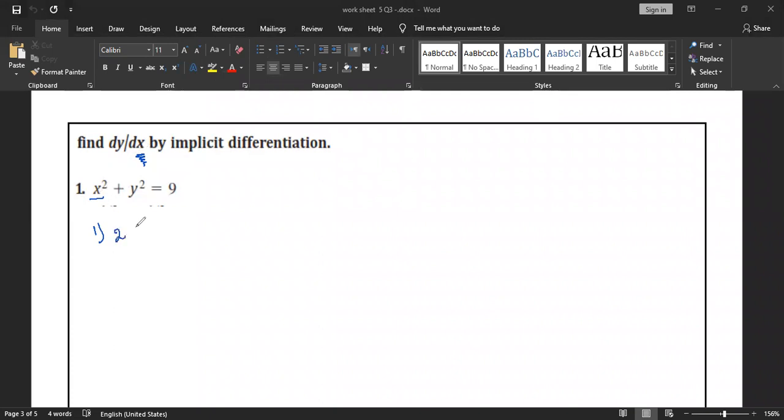It will be 2x. Apply the power rule: the derivative of x to the power n is n times x to the power n minus 1. Plus, what is the derivative here? This term, agree or disagree with the variable that we find the derivative with respect to? We find the derivative with respect to x. So I'll apply the general power rule.